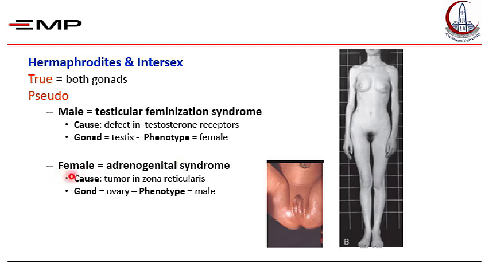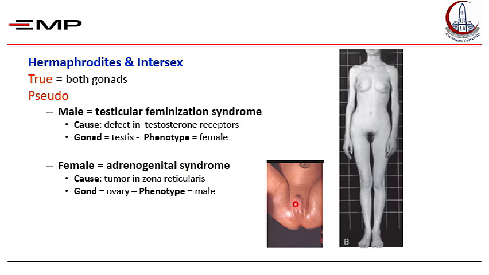The other case is an XX person, but having a male external appearance, a male phenotype. The gonad is an ovary, right? And the cause is a tumor of the zona reticularis of the adrenal gland, producing testosterone in excess.